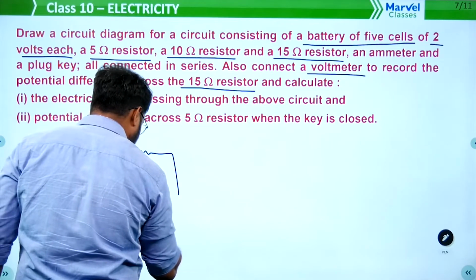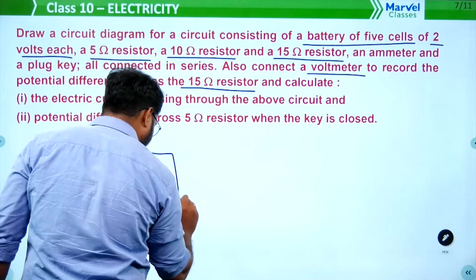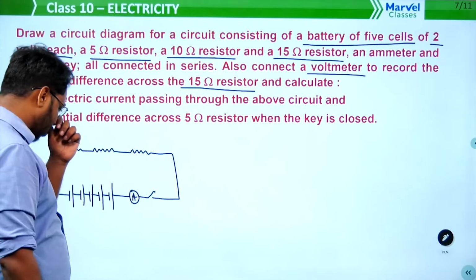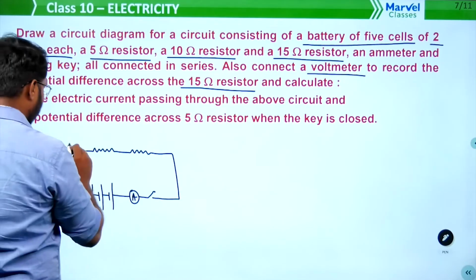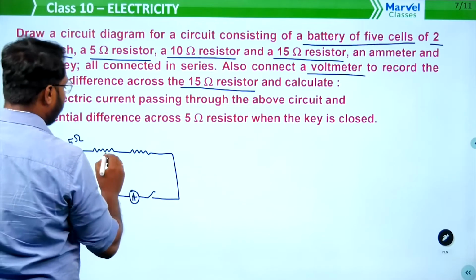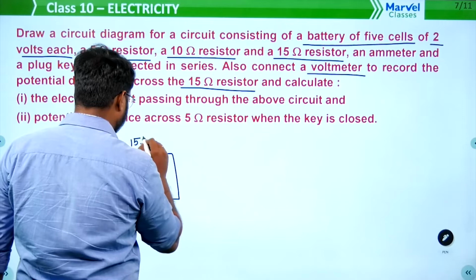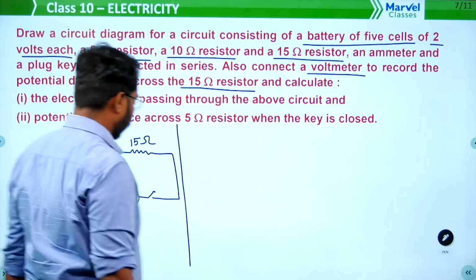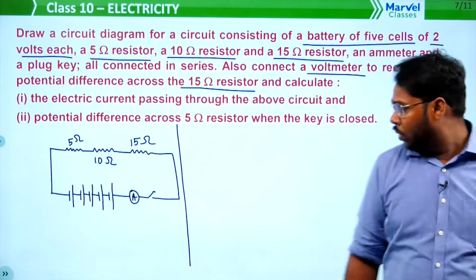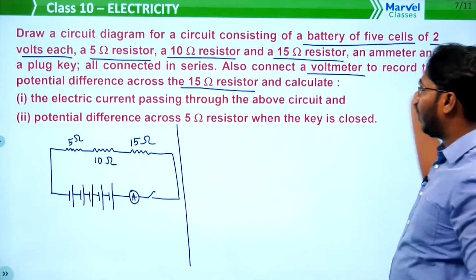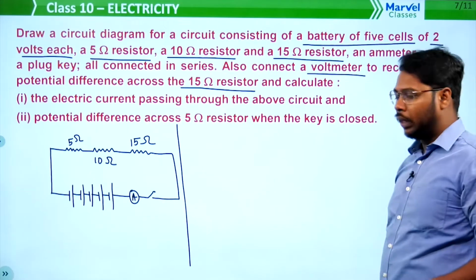Ammeter is used to measure the current through it. So, this is 5 ohms, this is 10 ohms and this is 15 ohms resistors. Each and every cell is going to have 2 volt each.